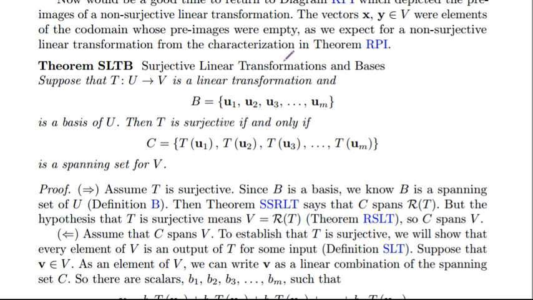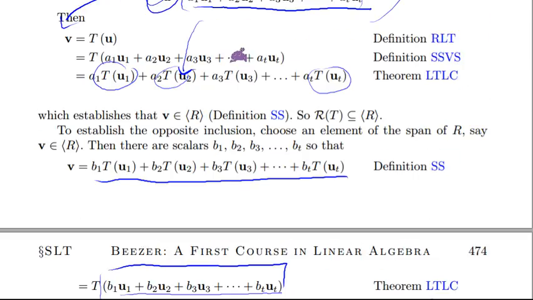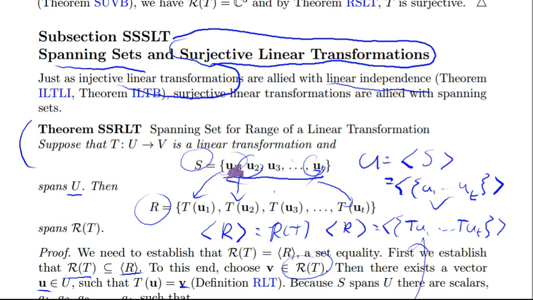Okay. Now we've been talking about range in general. Now for surjective linear transformations, the range is equal to the codomain. So what we said about ranges above, when we said that the image of the spanning set spans the range.